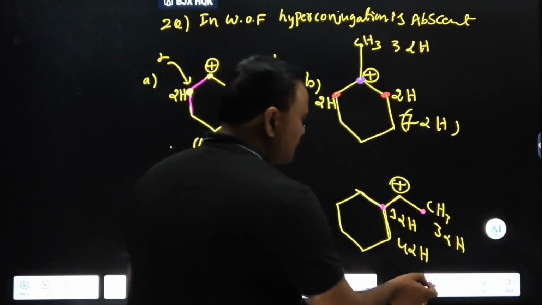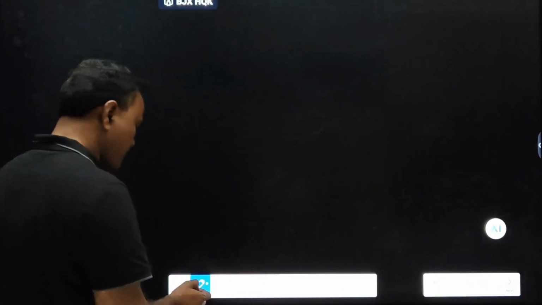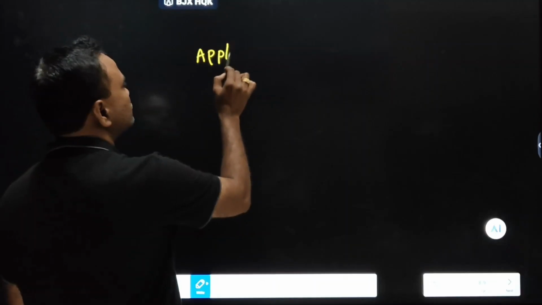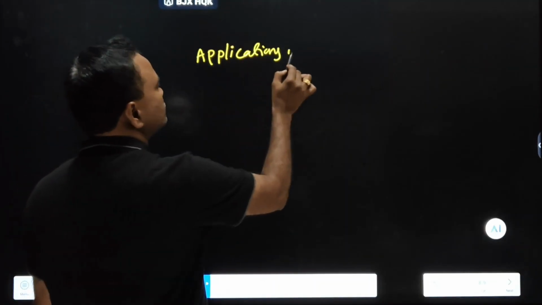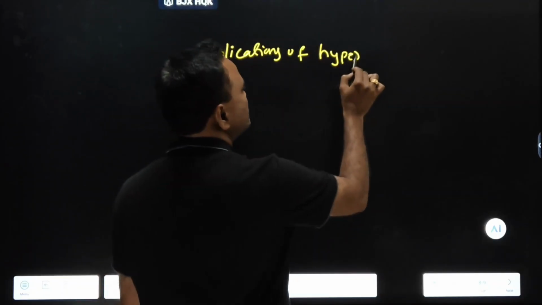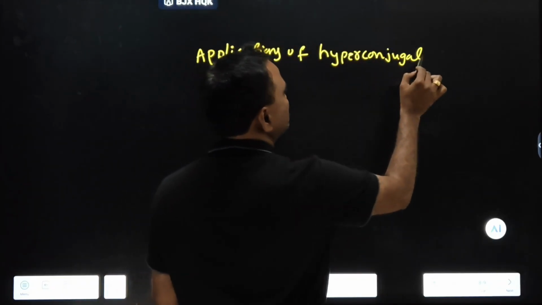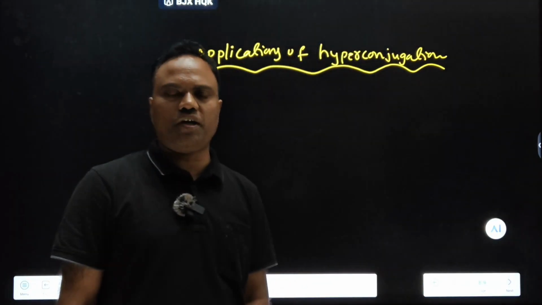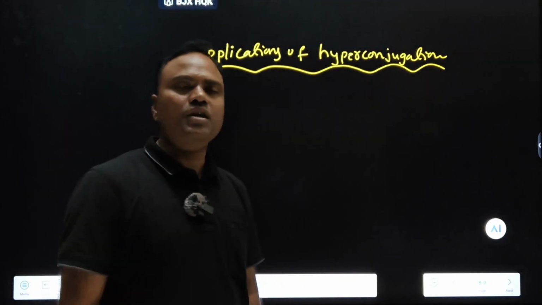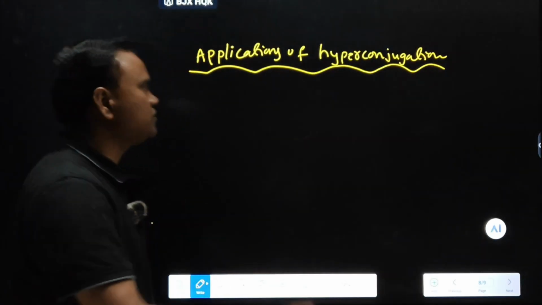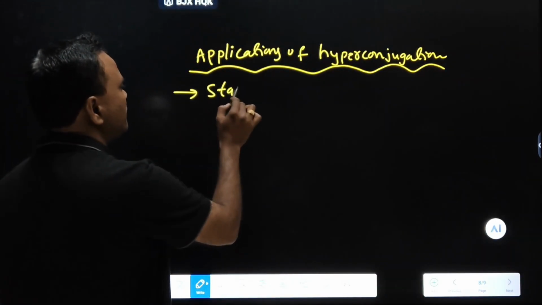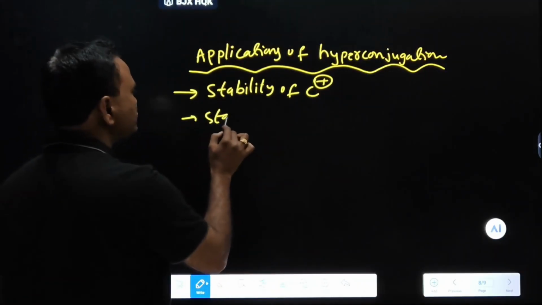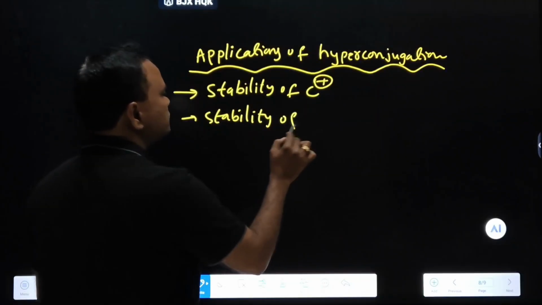Clear? Right. Let us see the applications of hyperconjugation. By using hyperconjugation, we can predict the stability of carbocations, the stability of alkenes, and the heat of hydrogenation of alkenes.